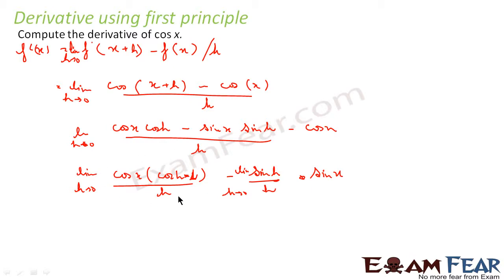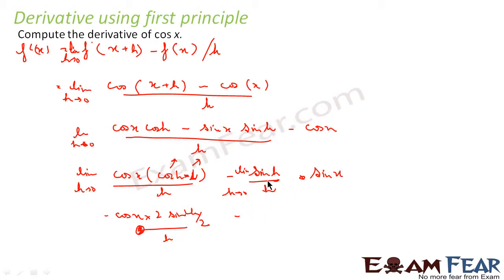So now we'll put h equal to 0 in this. What will we see? Cos 0 is 1, 1 minus 1 is 0. Correct? Actually we can't put it directly, because the 0 by 0 form is not allowed. So we'll write this as cos x, and cos h minus 1 is nothing but minus 2 sin square(h by 2), by h. Correct?